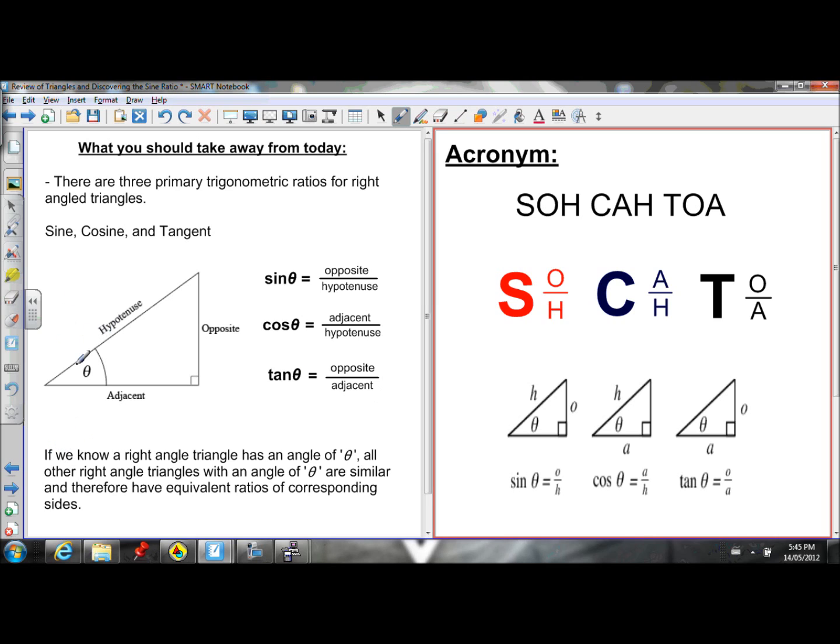If we know the reference angle, we know all other right angle triangles with that reference angle have equivalent sine, cosine, tan ratios, because similar triangles all have the same ratios of these sides. Hopefully that helps.